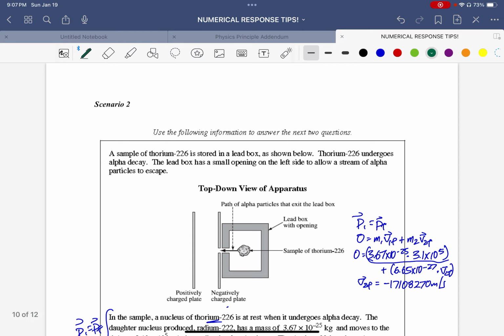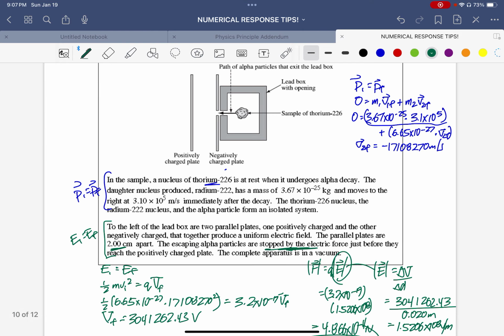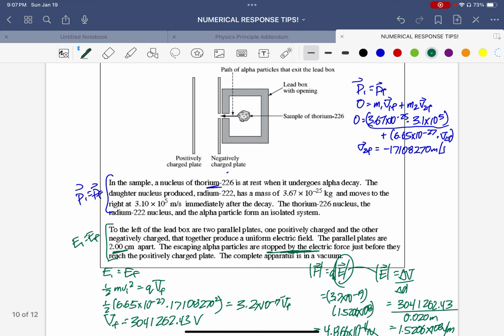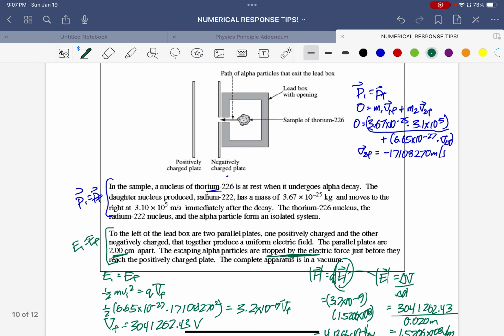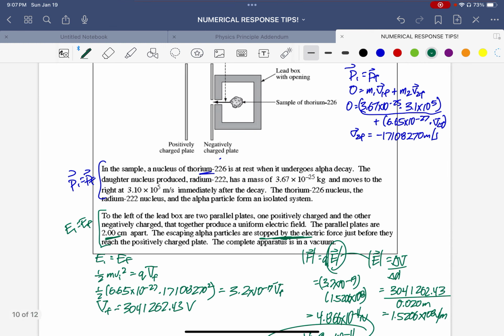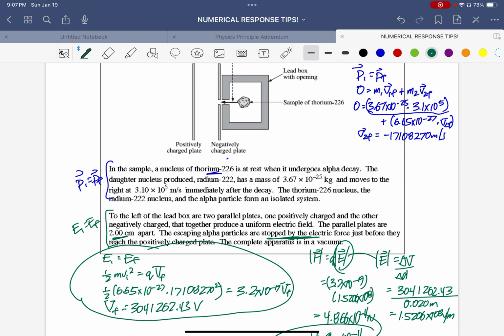So let's look at what we did again. Fundamentally, we knew two things applied here, and this is not new. Charged particle slowing down, that's what we just did. That's EI equals EF. We did some other things because we were looking to solve for the force, but fundamentally it came down to EI equals EF.